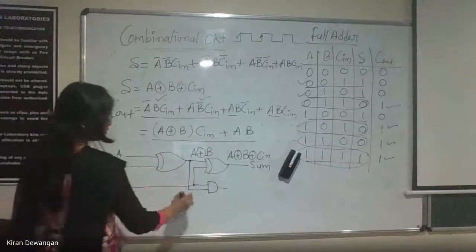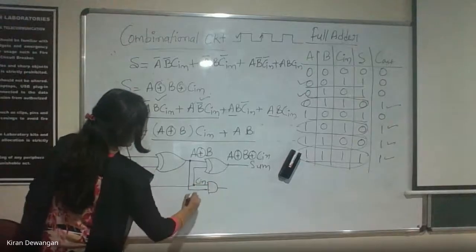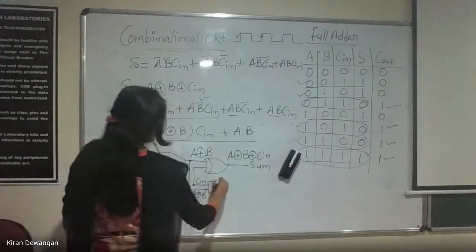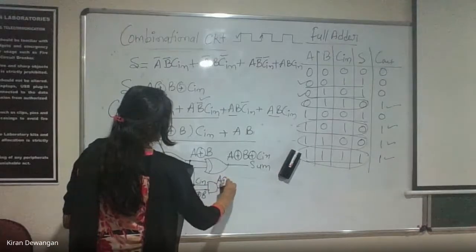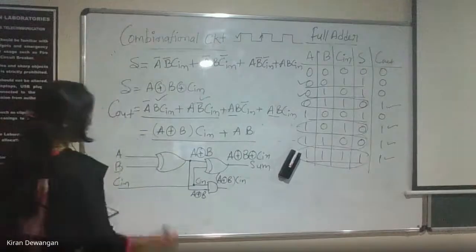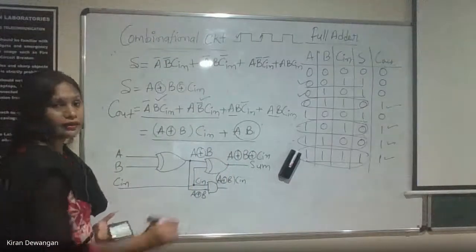Is this clear? From here we are giving C in and this is A XOR B. This output becomes A XOR B into C in.